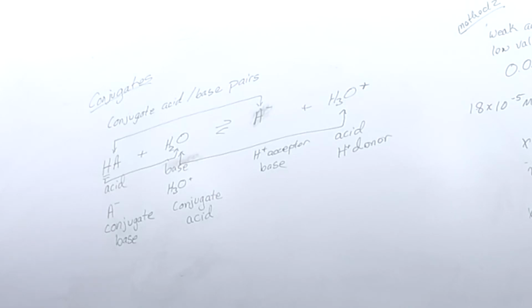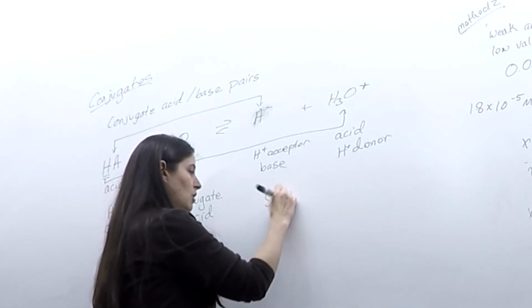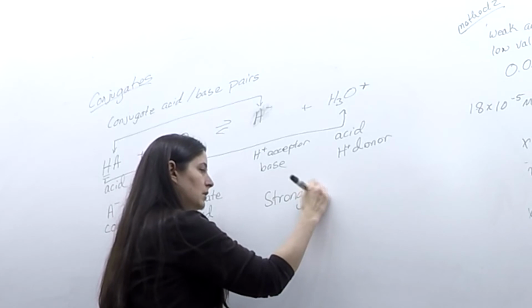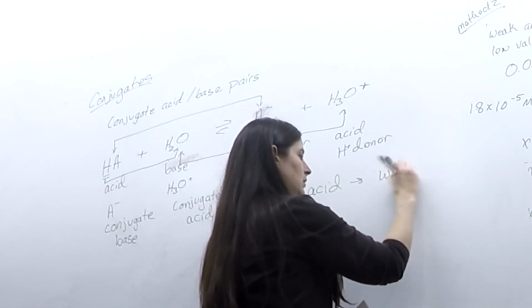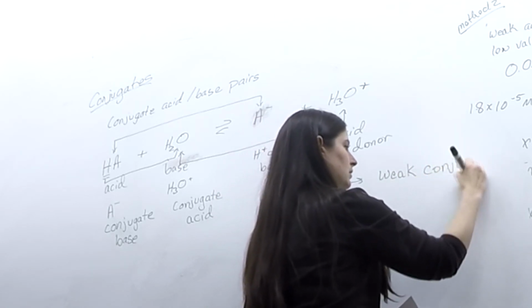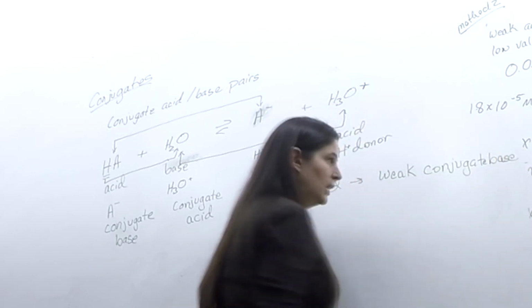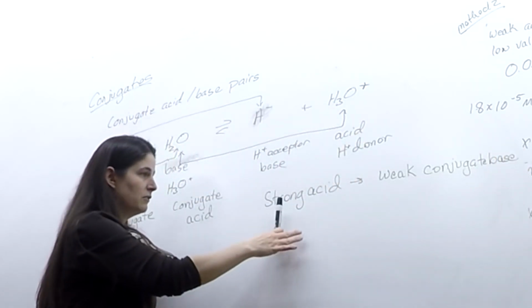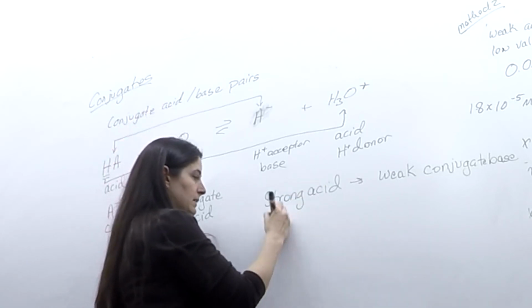If you start with a strong acid, you are going to create a weak conjugate base. The same thing with a base. If you start with a strong base, you will make a weak conjugate acid.